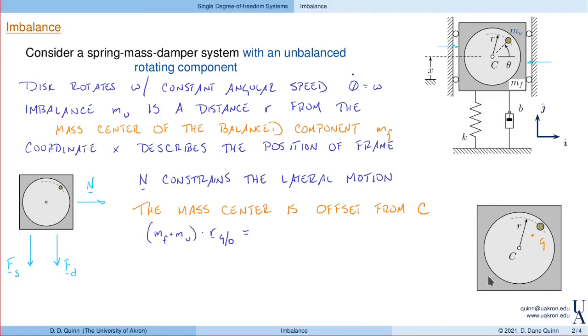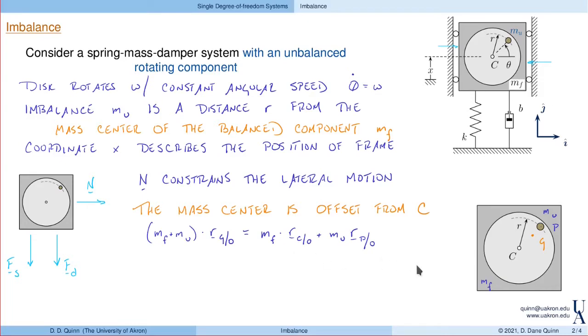The individual parts here are the mass of the frame, times the position of its mass center, which is C. Again, C is the balanced part of the system, so that would be the position of C with respect to O, plus then the position of the imbalance with respect to O. And we'll call this point P for the imbalance. So that's going to be mu times the position of P with respect to O.